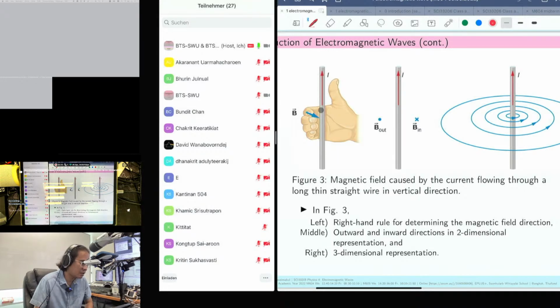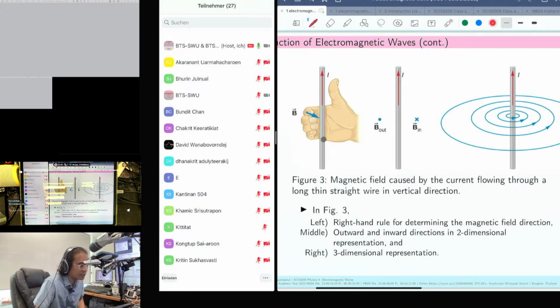We still need to align our thumb direction to the direction of the current, and the remaining four fingers still represent the direction of the magnetic field, but this looks like a 3D drawing figure.